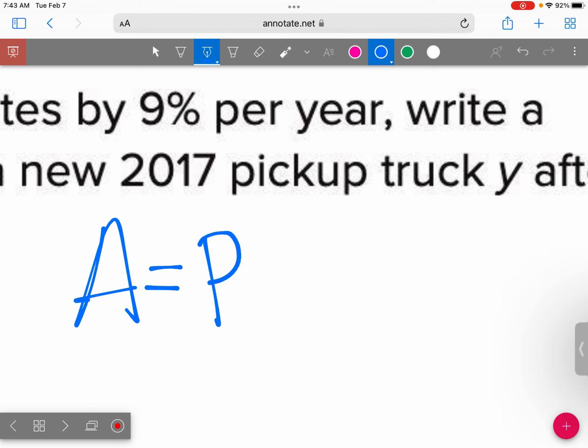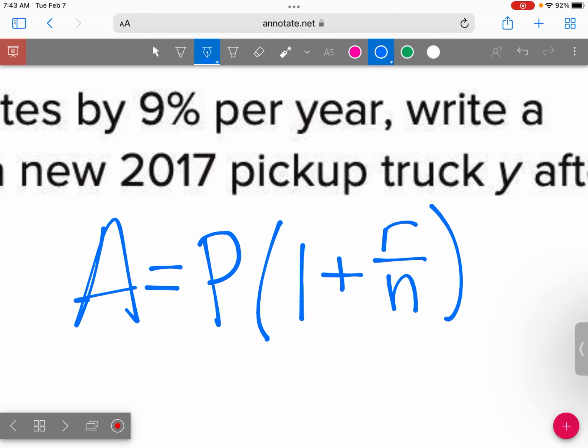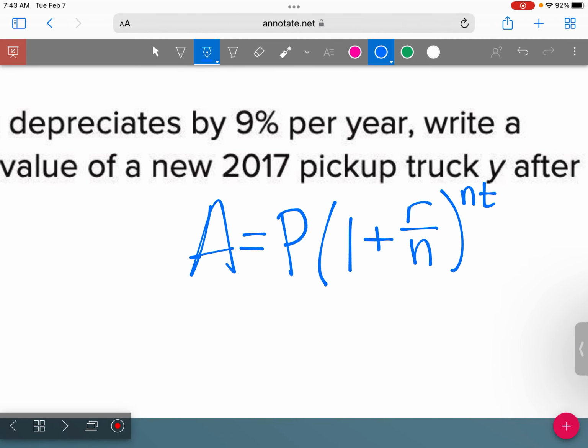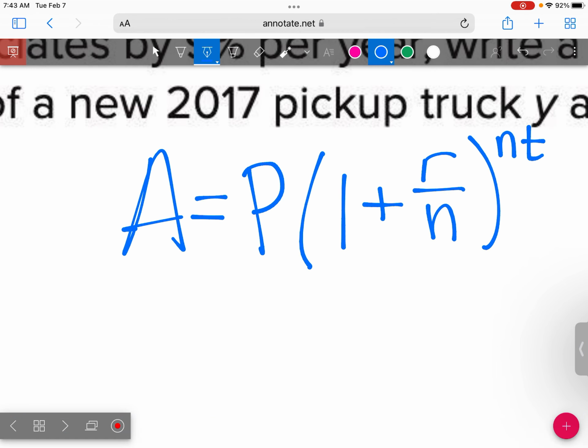P, plus, it's in your book, R over N to the what? NT. Okay? And then in this instance, it's asking us after X years. And so our X is going to be equal to N times T.